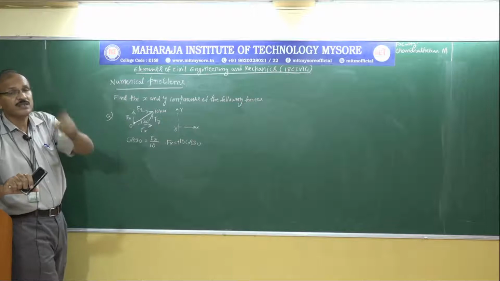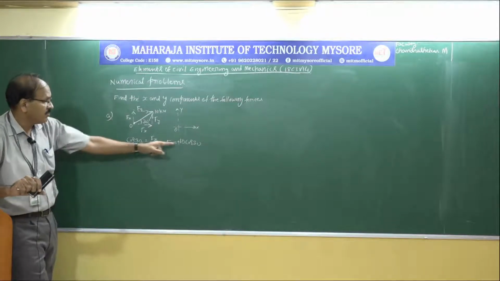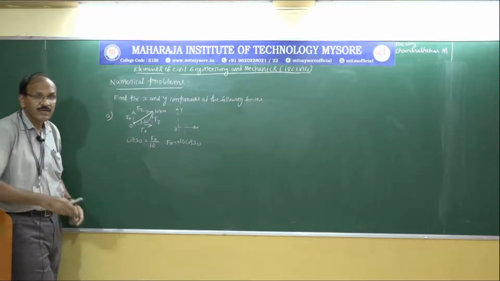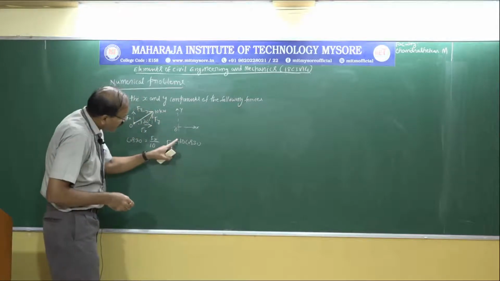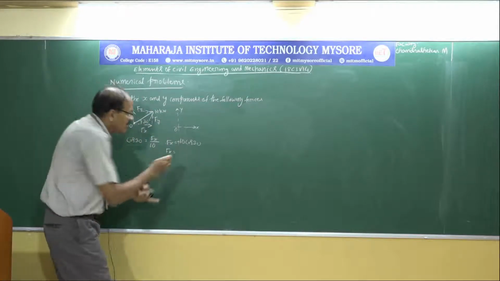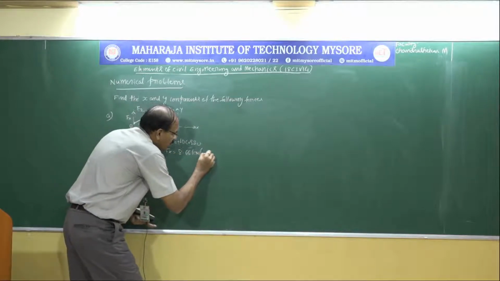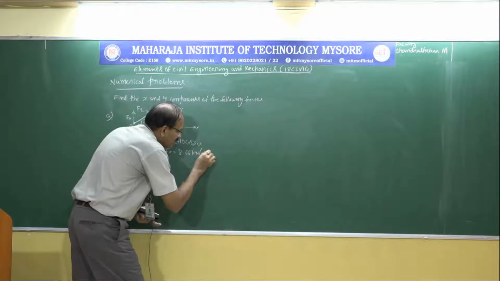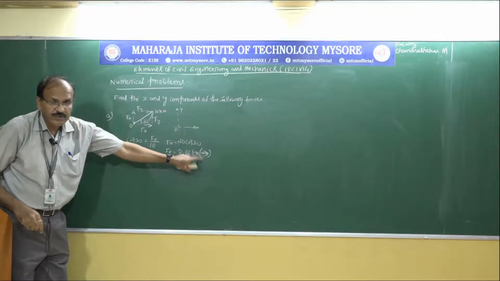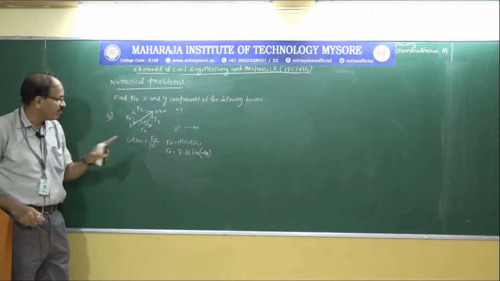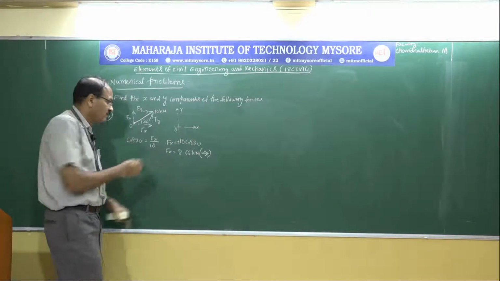According to our sign convention, any horizontal force acting towards the right is positive. So Fx equals 10 cos 30, taking the positive out. When I write the final answer, we must write this. This should be the final answer. Show the arrow here. That means the component force Fx is acting to the right.